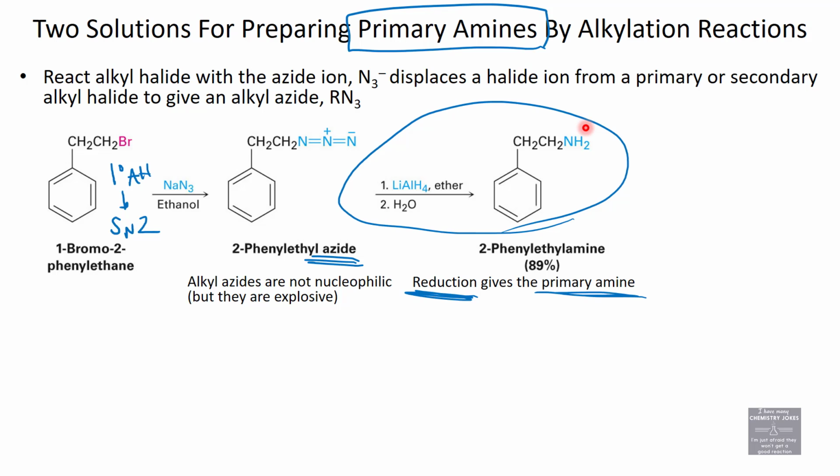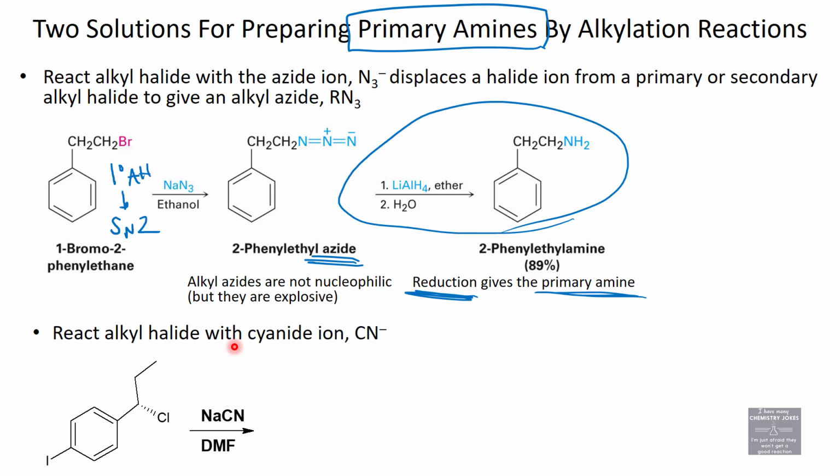Okay. I said there are 2 solutions for making a primary amine. That's one way. The second way is to react an alkyl halide with a cyanide ion. We have a secondary alkyl halide. Anion? Yes. Strong base? No. We've actually already talked about why cyanide is not a strong base. Therefore, SN2. So cyanide undergoes SN2 with this thing.